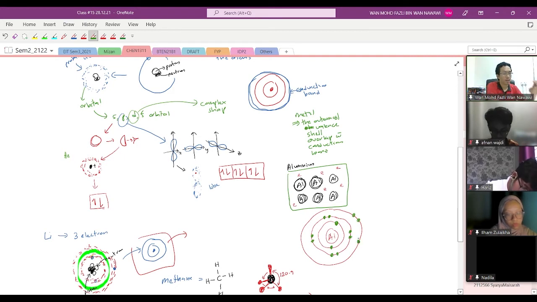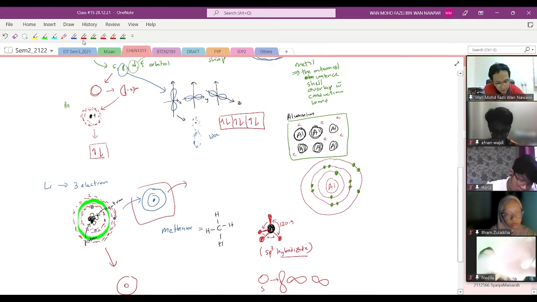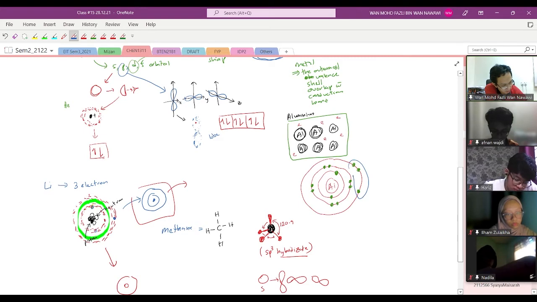In aluminium or any metal, when these three electrons move out, what happens to the aluminium atom? The aluminium atom will become 3+. As I said, in metal the electron is free to move.